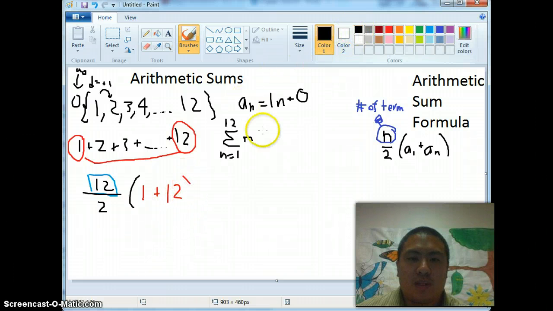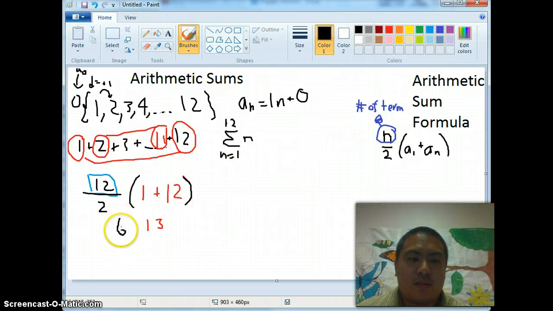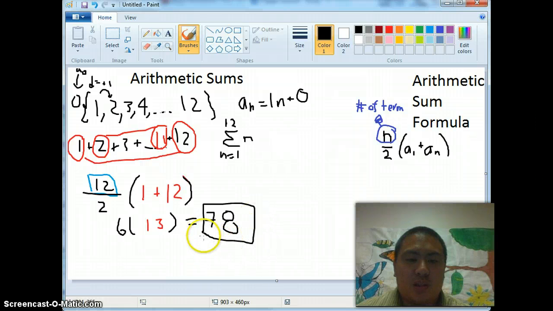The reason why that's happening is because you have this 2 being matched up with 11, right? 2 and 11 also give you 13. So this gives you 13, and you have 6 pairs of 13. So you have 78 things.